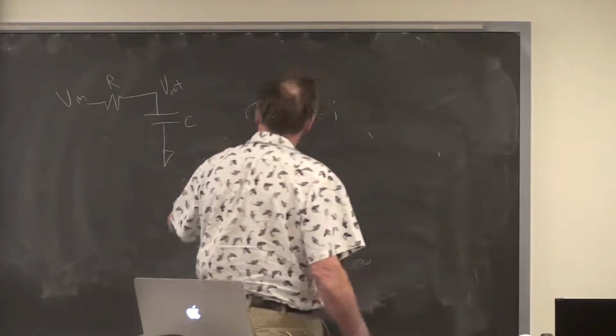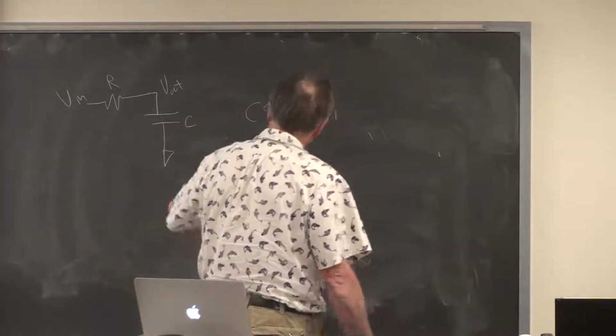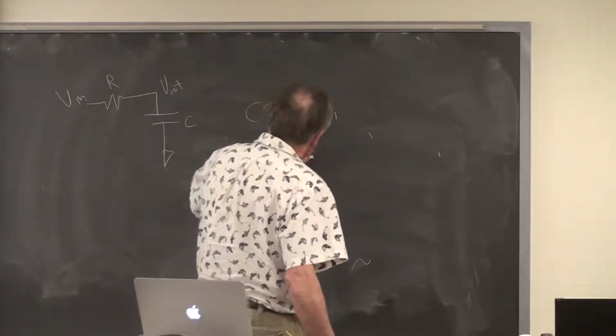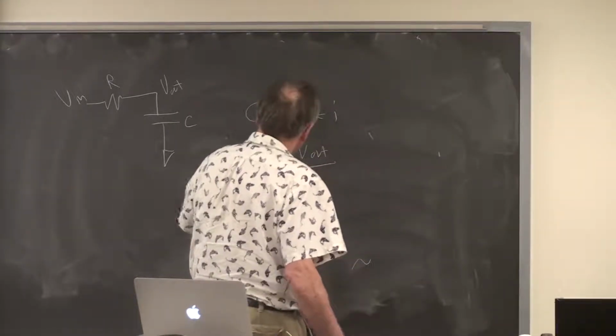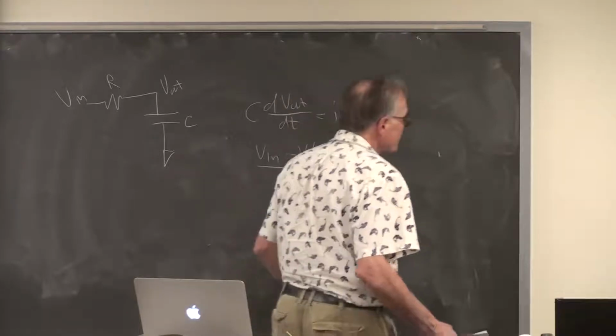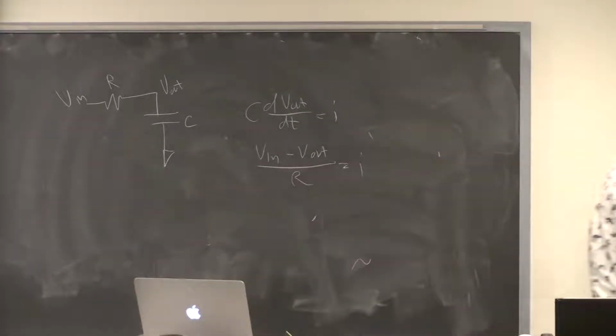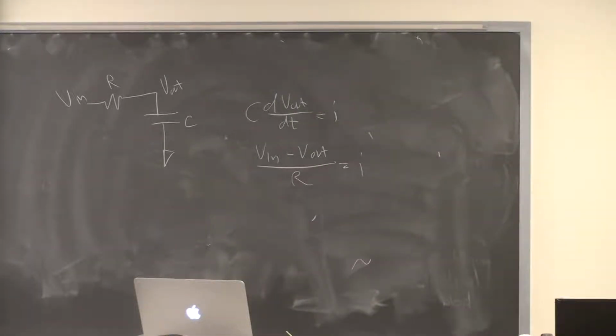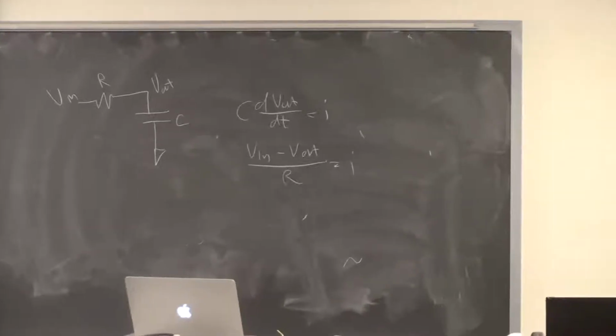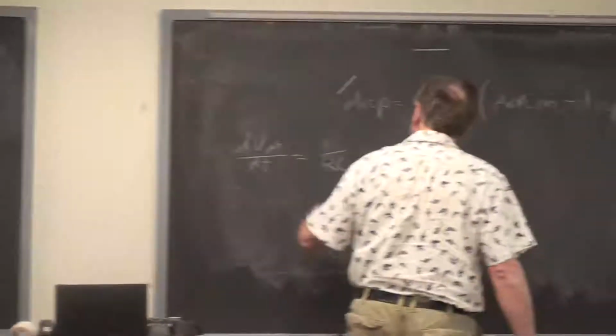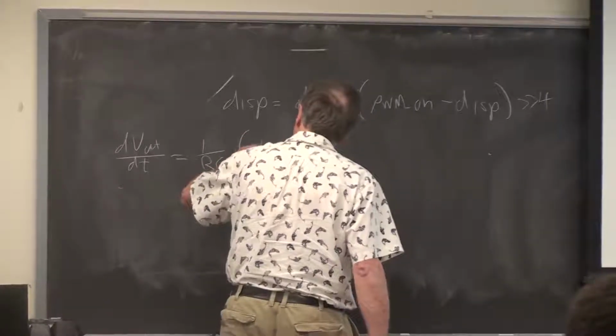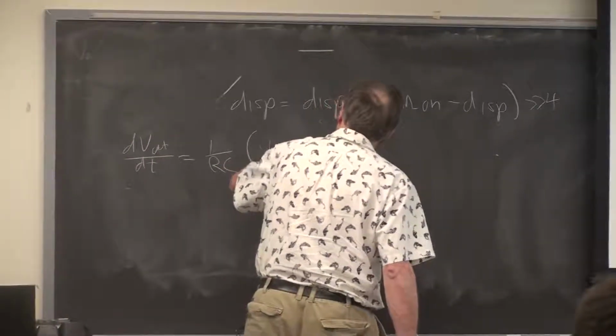And as long as there's no load, then V in minus V out over R must also equal I. We set those two equal to each other, we get a differential equation: dV out/dt is equal to 1 over RC times V in minus V out.